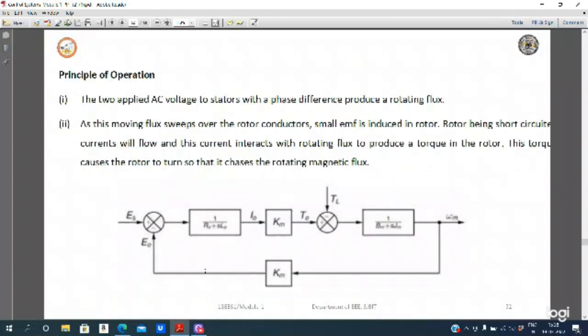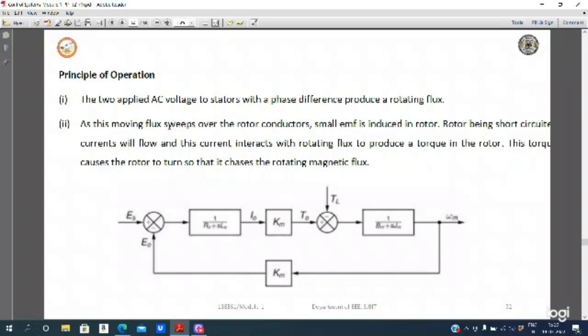The principle of operation of the AC servo motor: two applied AC voltages to the stator, that is the reference winding as well as the control winding, with a phase difference, produce a rotating flux.